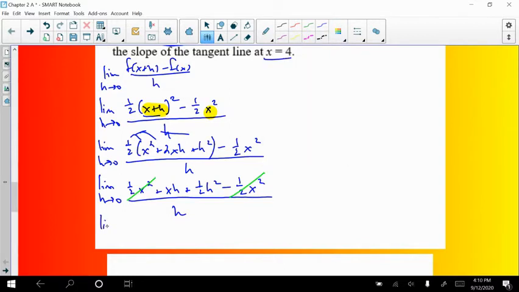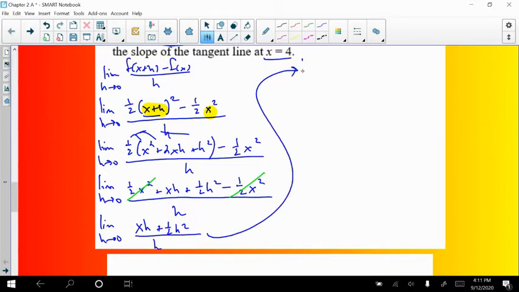Now, I want you to show your work. As much as possible on this first homework, every step you just do one thing. So now what's left over is xh plus 1/2 h squared all over h. And notice, you can factor out an h, right?